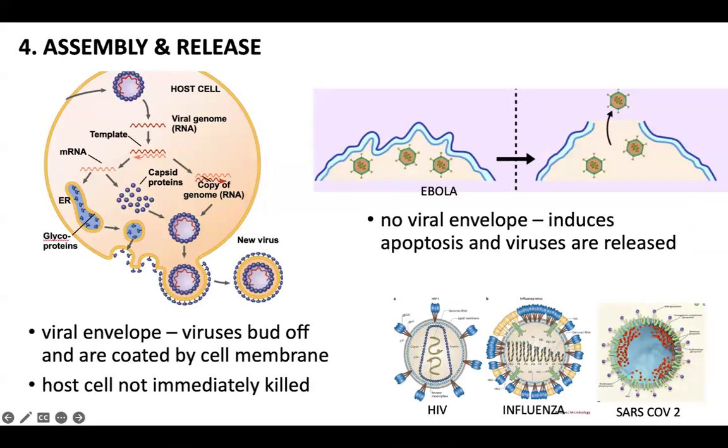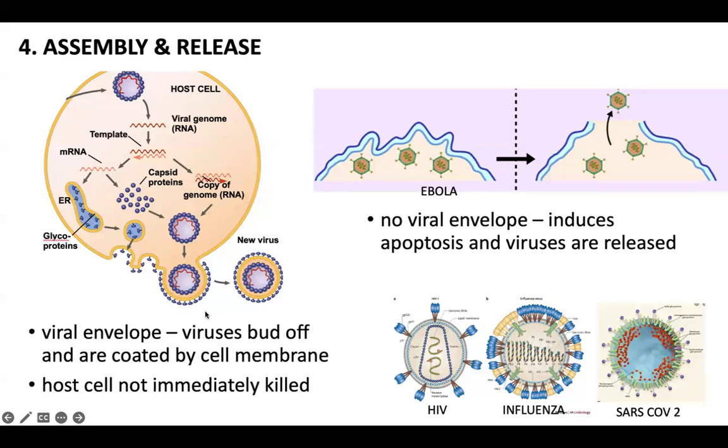Okay, and then assembly, similar in that the virus particles are going to self-assemble within the host cell. There's a few ways for the release to happen. The viruses that have viral envelopes will actually bud off of the host cell.